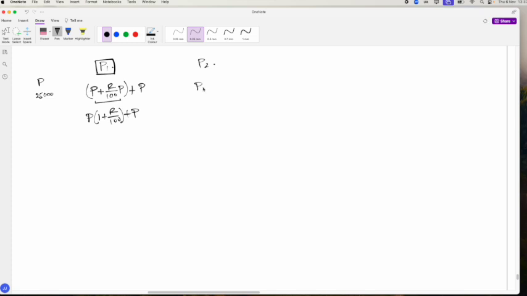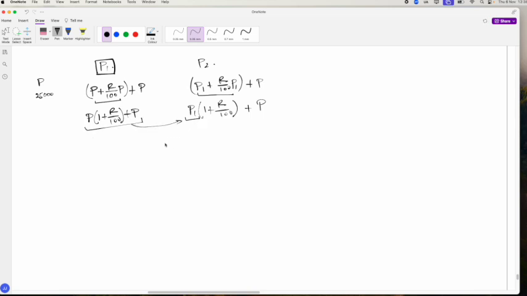It's going to be P1 plus the R percentage of P1, and then plus another P. If we factor this, it'll be P1 into 1 plus R over 100, and then we have another P. Of course, we want it in terms of P, so I will substitute P1 for this.